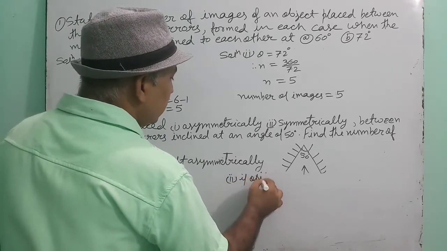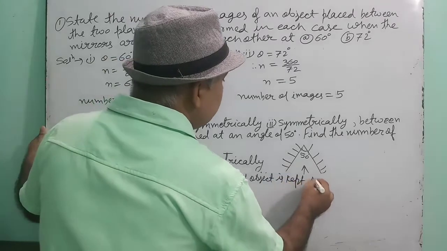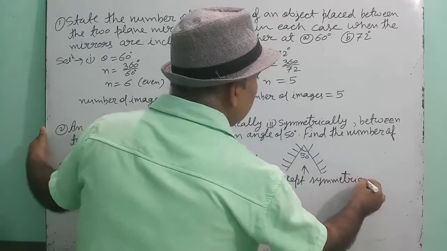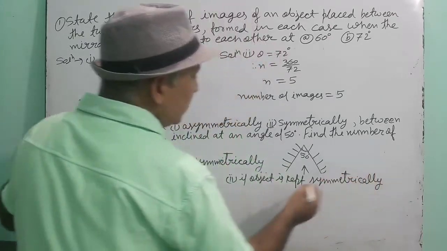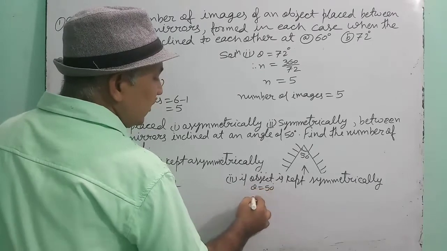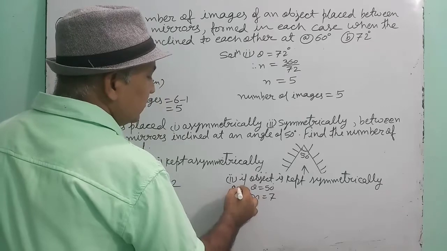Now see the second case. If the object is kept symmetrically and theta is equal to 50 degree and n is equal to 7.